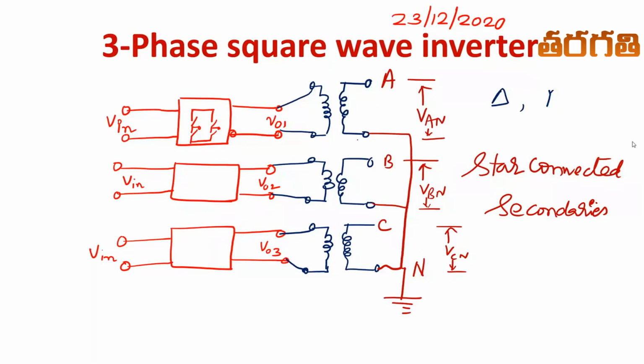That kind of connection is known as star connection. In this manner, we can obtain a star connected secondary for a transformer. Okay, now we see how it is possible for us to obtain the delta connection.